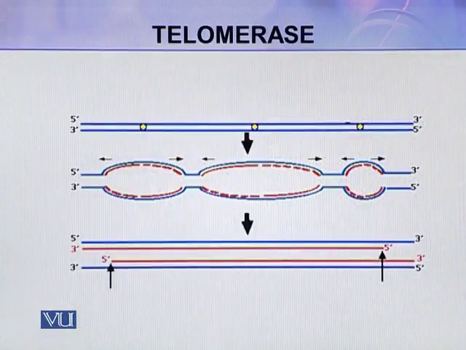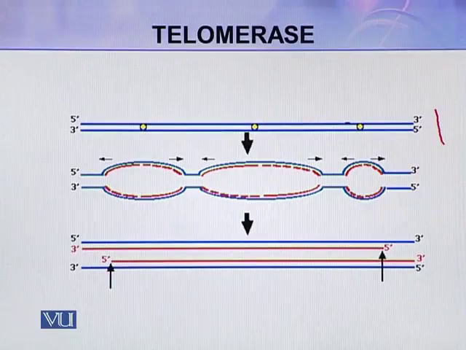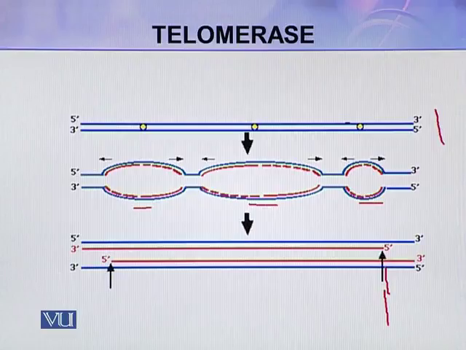Here in this picture, you can see a linear chromosome or molecule of DNA. These are the replication forks or replication bubbles. At the end, when the replication completes, you can see that this blue strand is complete, while the yellow one is incomplete at the terminus, or the telomere.